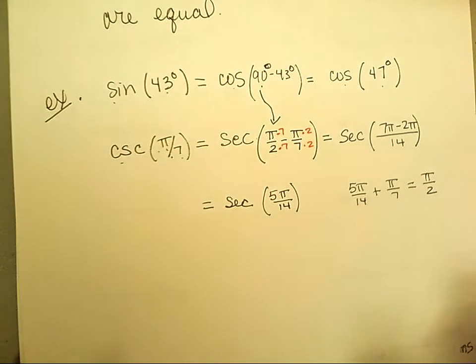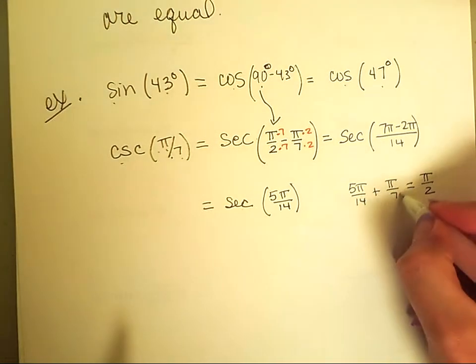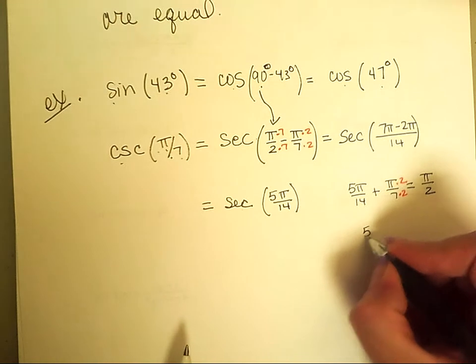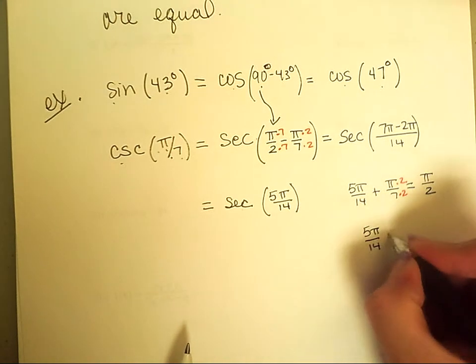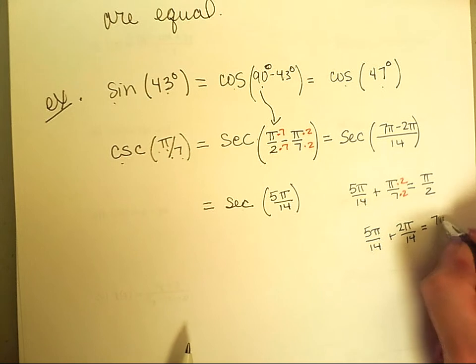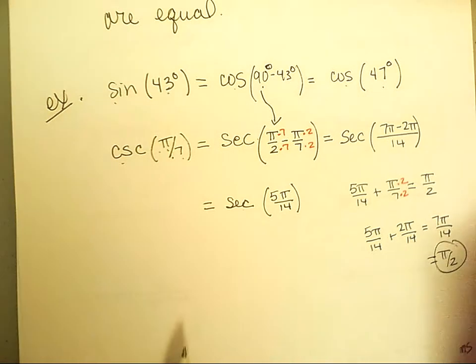That is, they are complementary, and these are cofunctions. To see this, just multiply by 2. So we'll get 5 pi over 14 plus 2 pi over 14. Well, that's equal to 7 pi over 14, which is pi over 2.